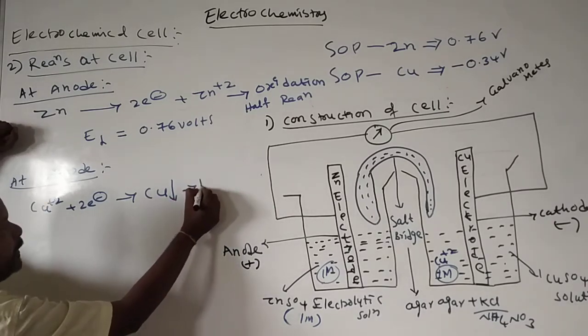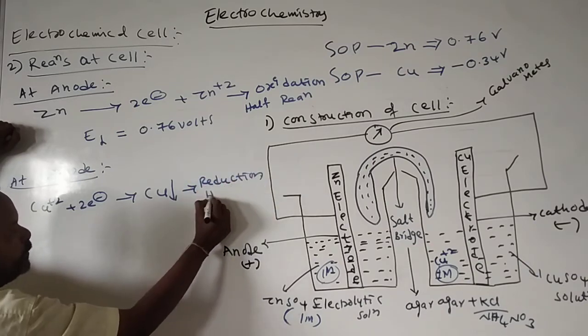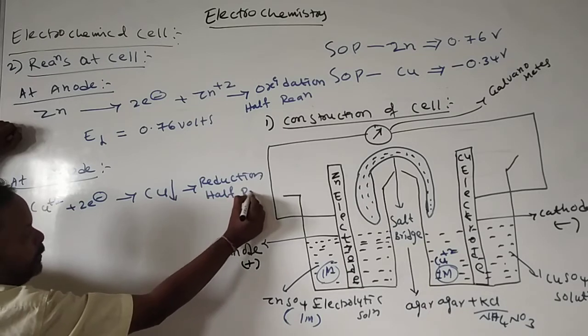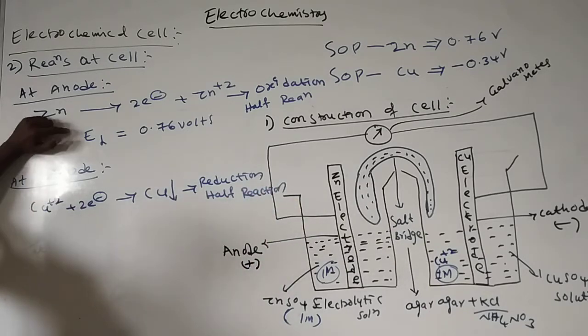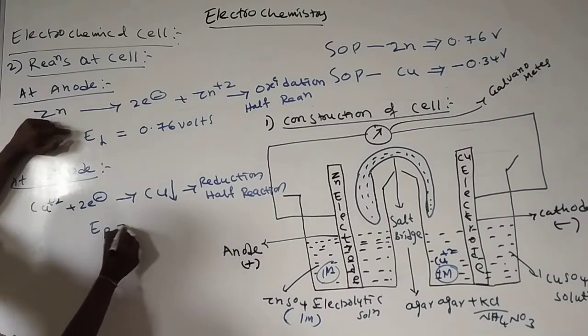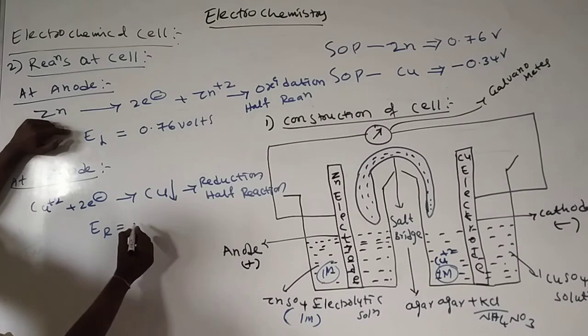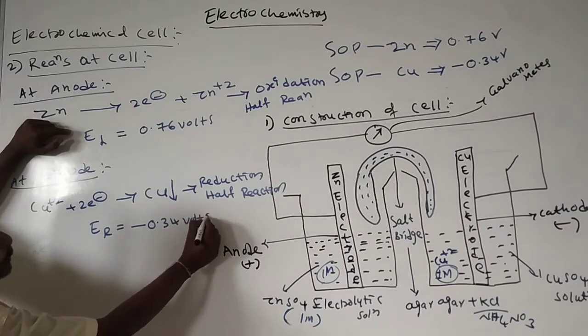This we call the reduction half reaction, and that is the oxidation half reaction. Here it is on the right side, ER. The SRP of this one is 0.34 volts.